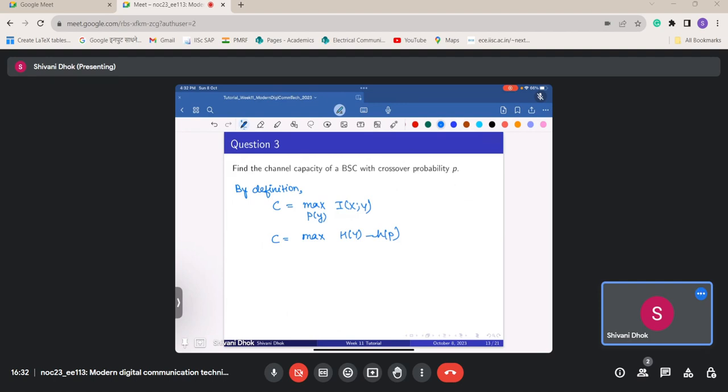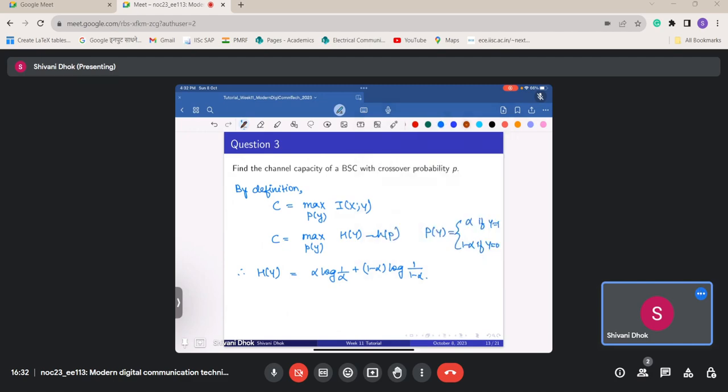Let's see this with p of Y. The PMF of Y is alpha if Y equal to 1, and it is equal to 1 minus alpha if Y equal to 0. Therefore H of Y will be equal to alpha log 1 by alpha plus 1 minus alpha log 1 upon 1 minus alpha.